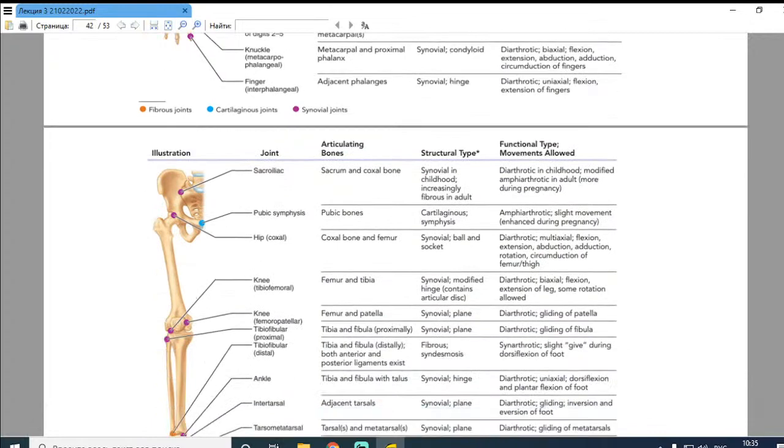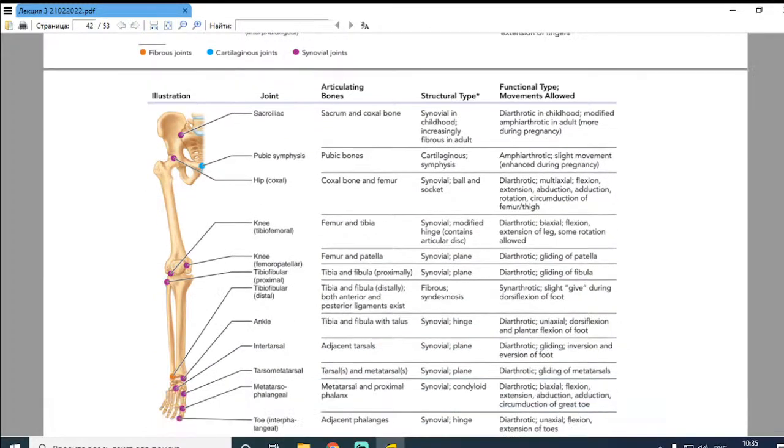For example, joints of the bones of the lower limb. The sacroiliac joint includes two articulating bones, sacrum, what you see, and coxal bone.